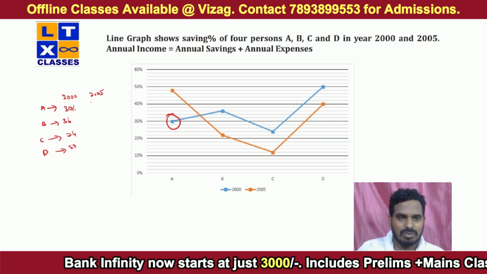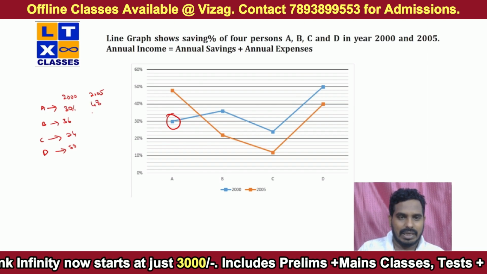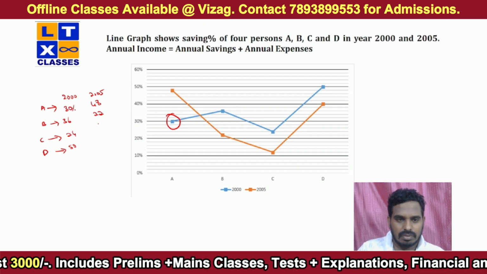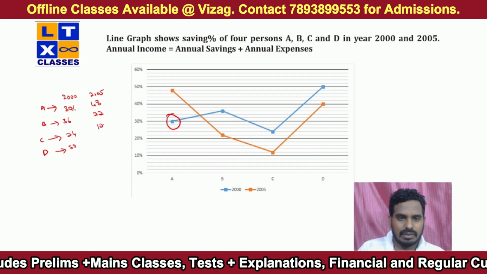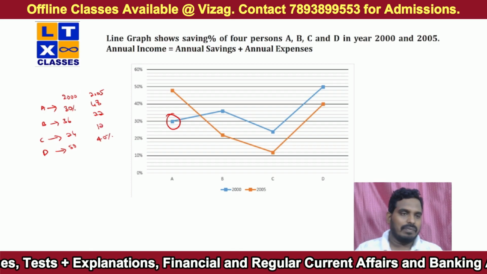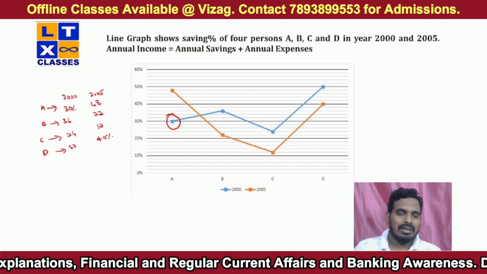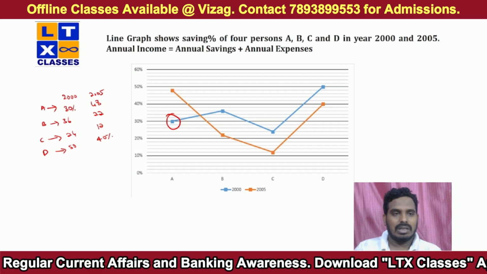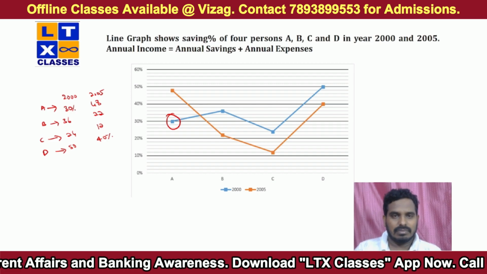And for A in 2005 it is 48, 22, 12, and the last one is 40%. Now see, extracting the data out of my DI has to be done in a very proper way.